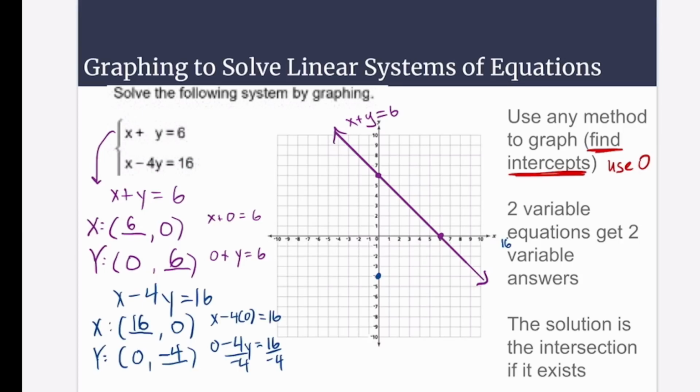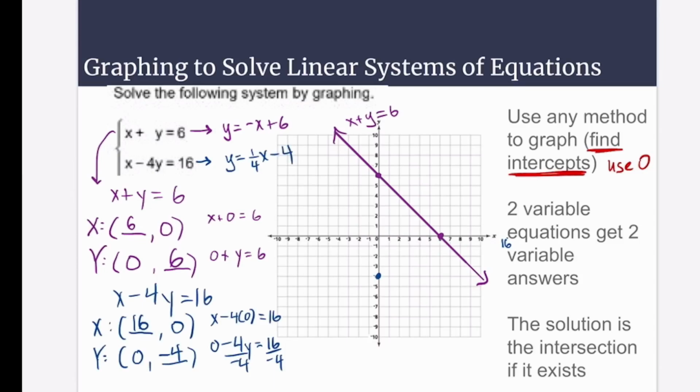So all we have to do, if you wanted to, is change this into slope-intercept form. I'll do both of them. For the first equation, your slope-intercept form is y equals negative x plus 6. For this other one, you would get y equals 1/4 x minus 4.